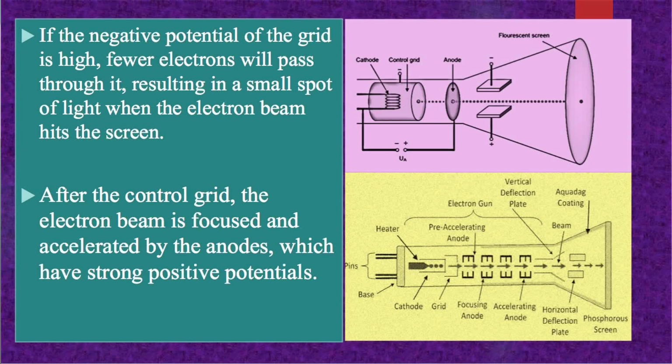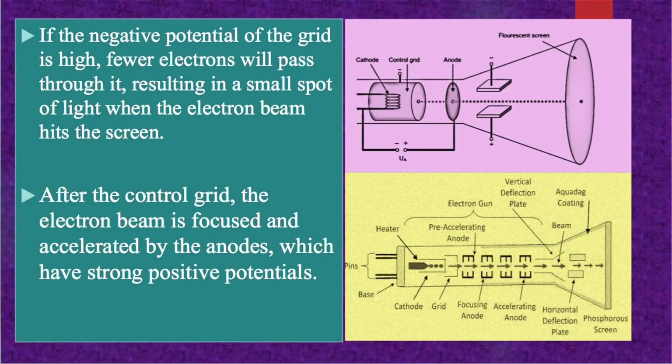If the negative potential of the grid is high, fewer electrons will pass through it, resulting in a small spot of light when the electron beam hits the screen. So here at the center of the screen you can see a dot-like point, which is created by the electron beam hitting the screen.